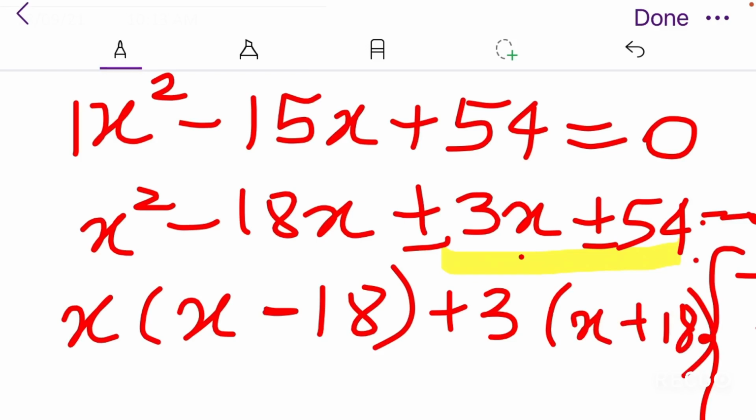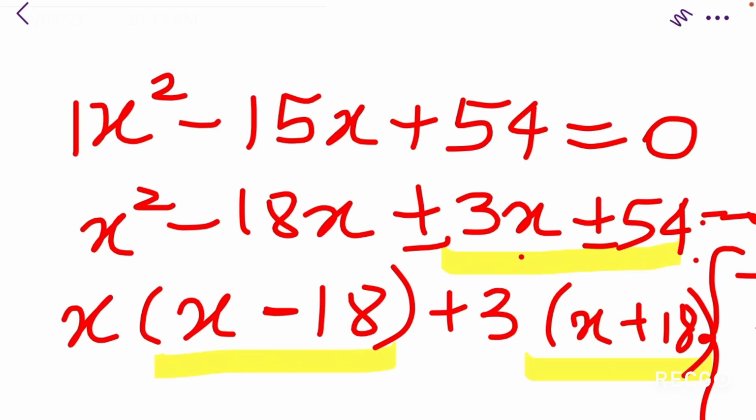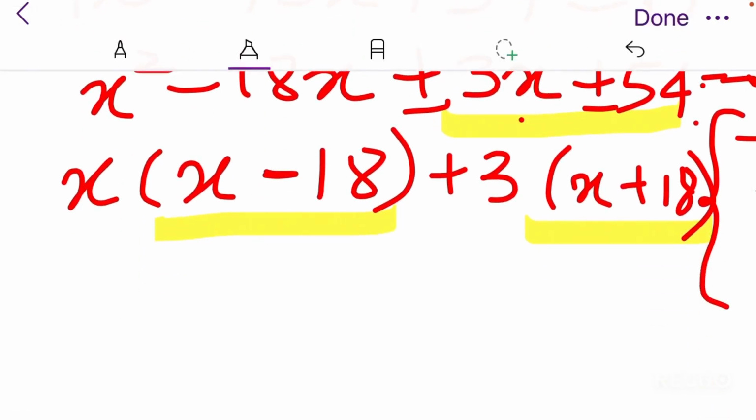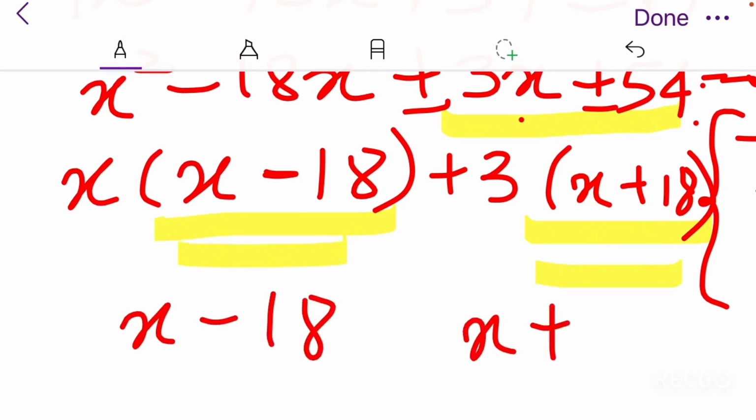Now you can see that over here we are having x minus 18 and over here we are having x plus 18. But the condition is that these two terms should be the same. Either both should be x minus 18 or both should be x plus 18.